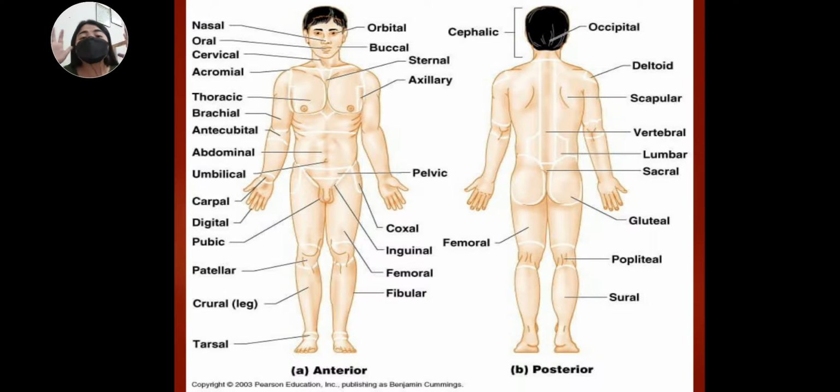Okay, so that was your anterior parts. Those parts you can locate in the front part of your body.